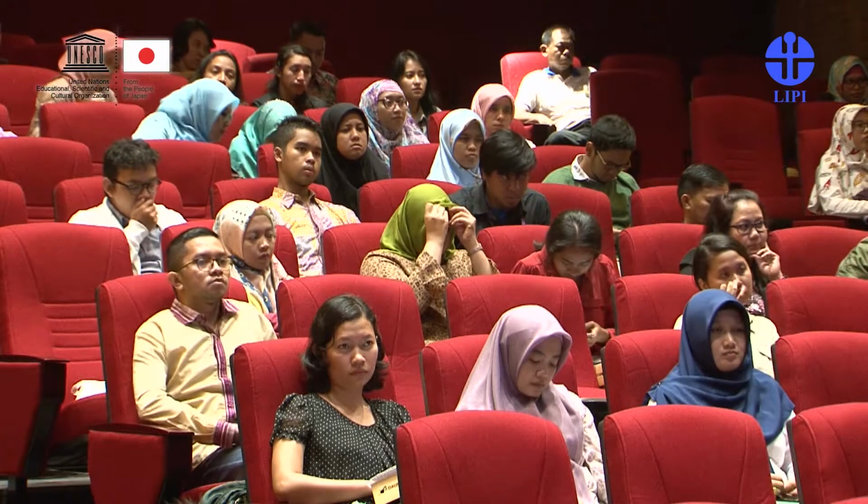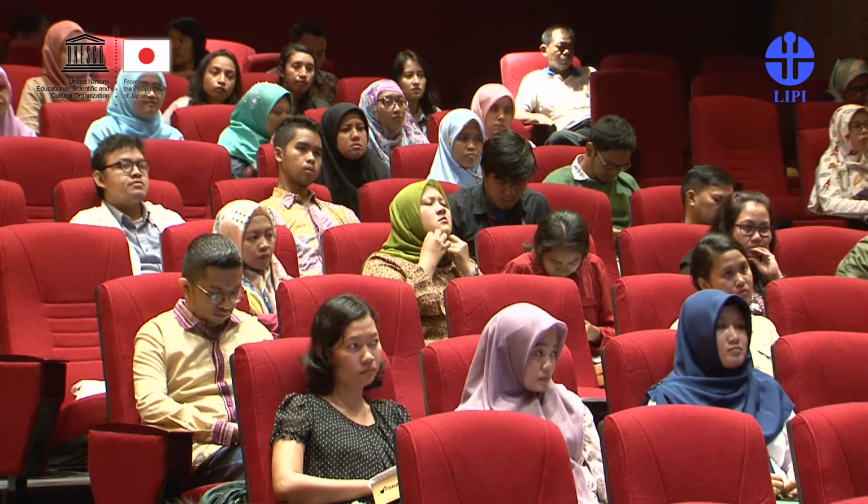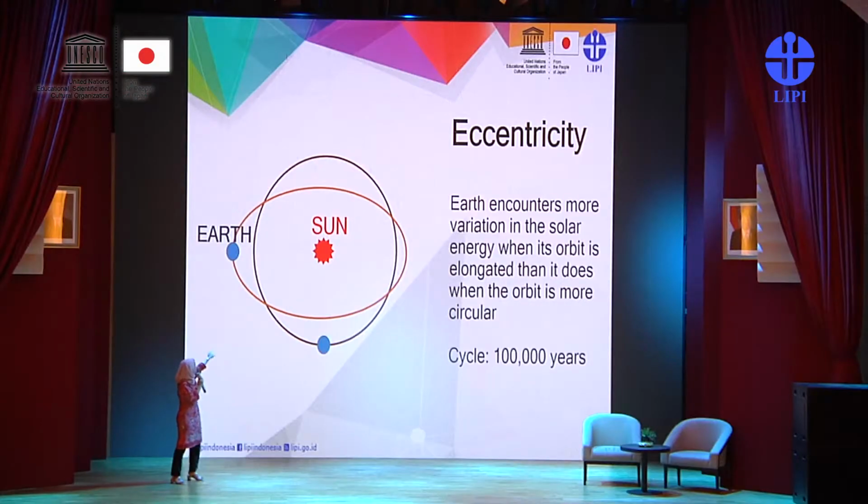But do you know that the ellipse is sometimes stretched further, sometimes is more circular? And this happens to our planet. So for example, this brown one is more circular, and at some point it will be more elliptical, like the orange orbit.